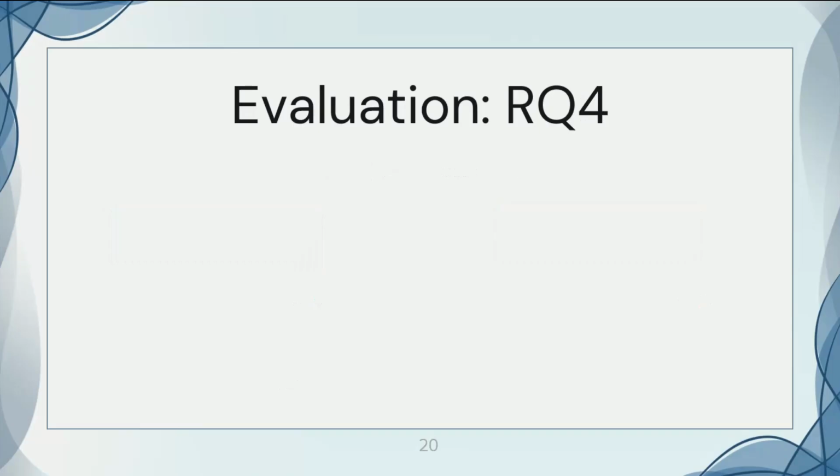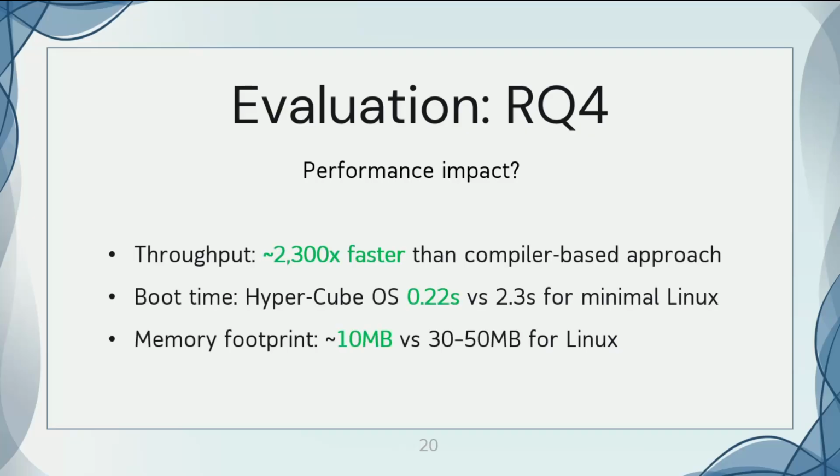And for the final research question, they were examining the performance of their fuzzer. Hypercube's custom operating system and interpreter allow very high throughput, which is 2,300 times faster than a compiler-based approach.